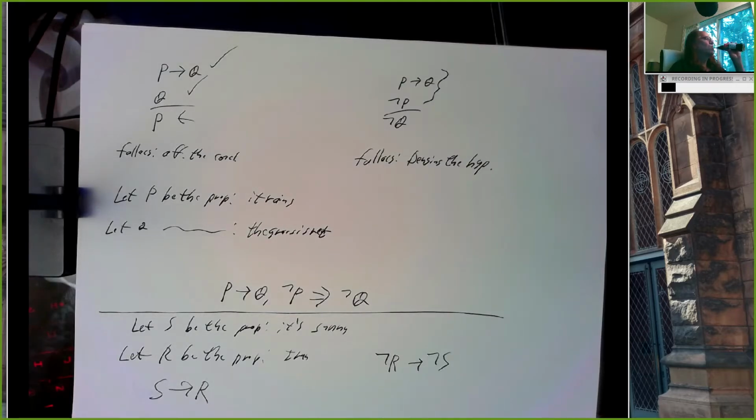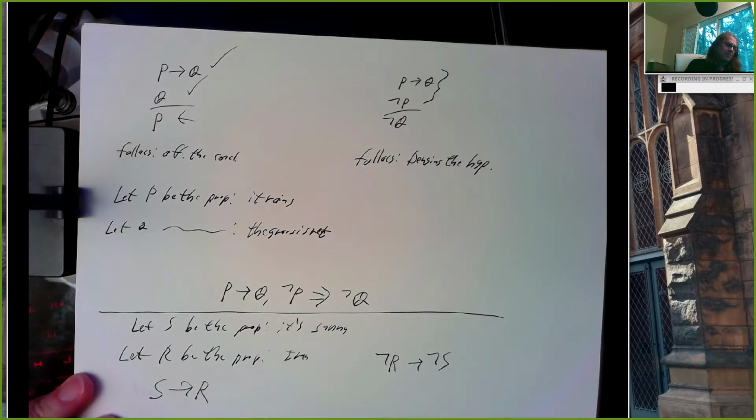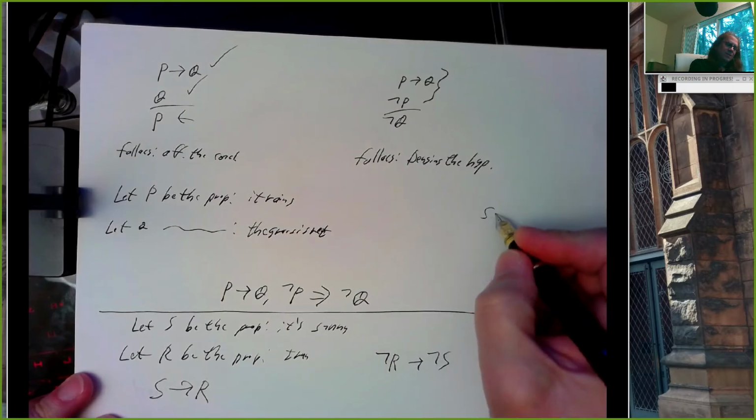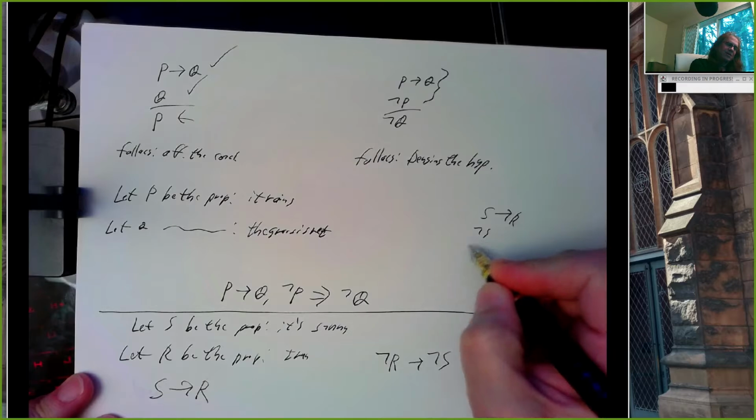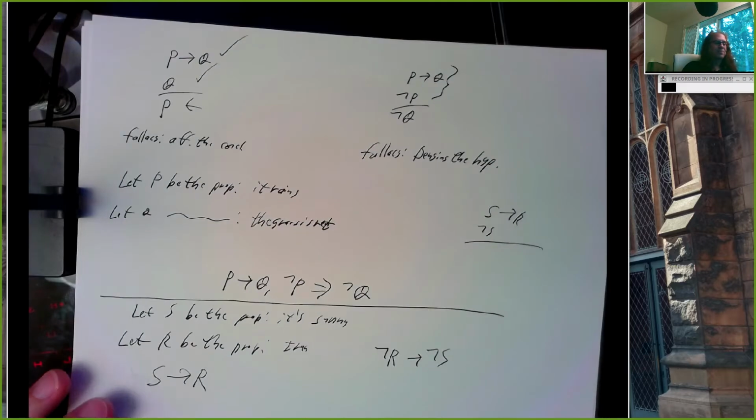So with that one, if it's sunny, I run. Well, what if it's rainy, I also run? Yeah, so it's very possible that if it's sunny, I run, and it's not sunny, it's possible that I also run, right?